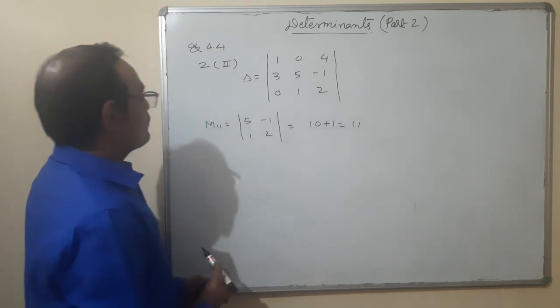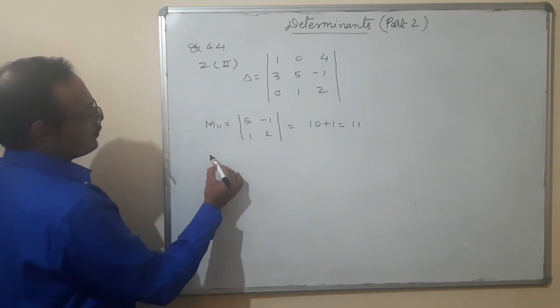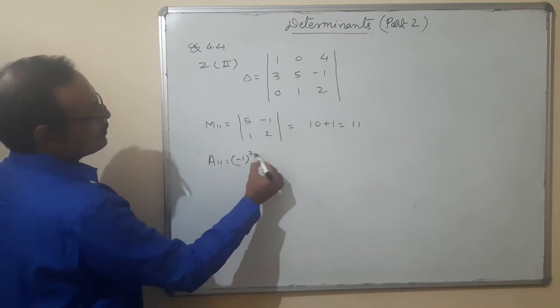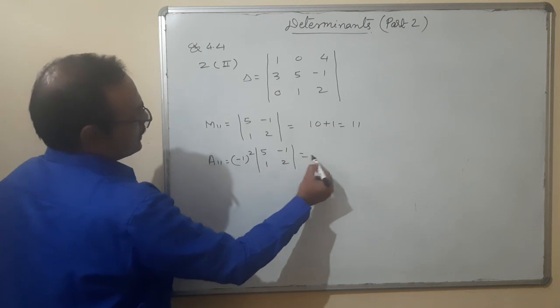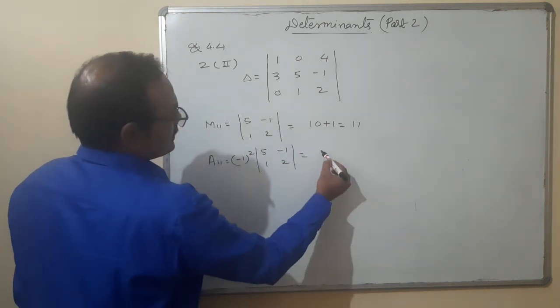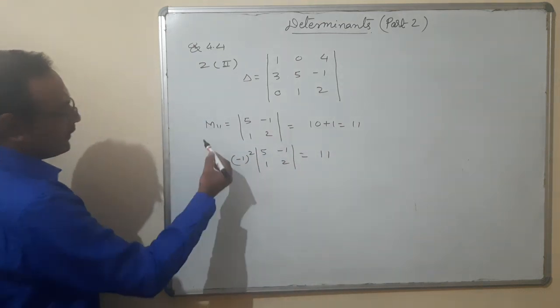So the value of the minor M11 is 11. Here, cofactors. A11 is minus 1 to the power 2, same thing, 5 minus 1, 1, 2. Minus 1 to the power 2 is positive, so the result is the same. Minor 11 and cofactor 11.